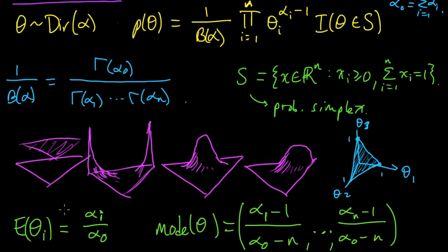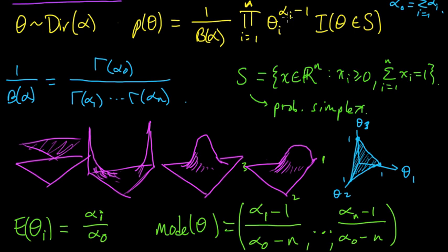If we look at the expected value of theta 1, which tells us nominally what theta 1 looks like, then as alpha 1 gets bigger and bigger, this number goes to 1, because alpha 0 is the sum of all the alphas and all the others are constant. So the mass is aggregating at 1.